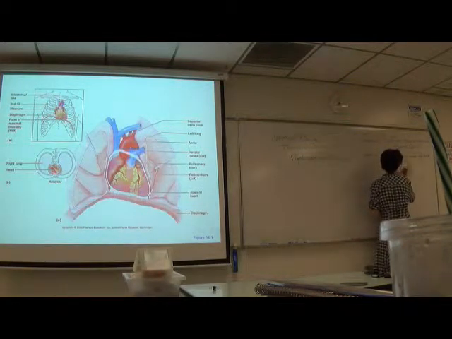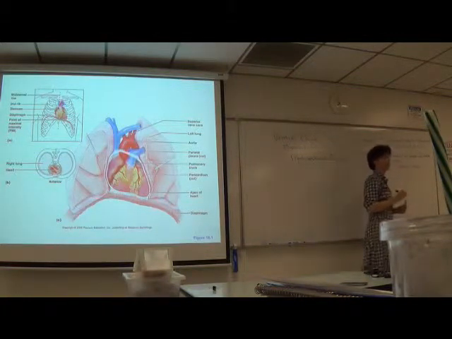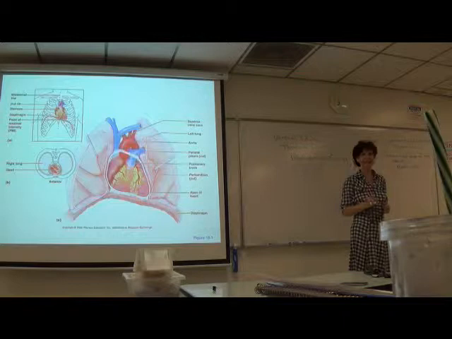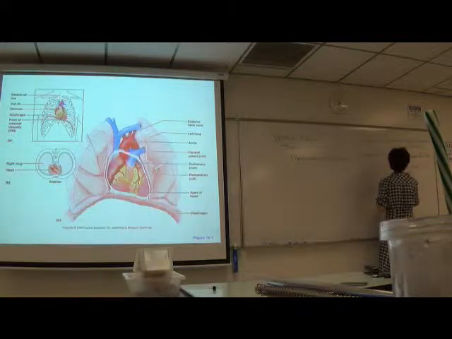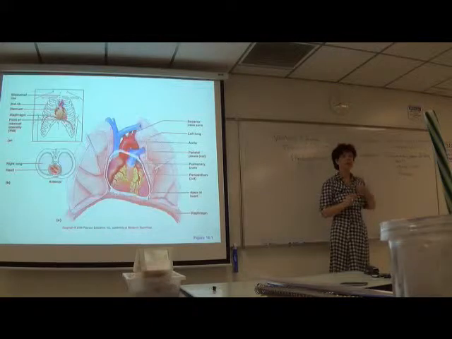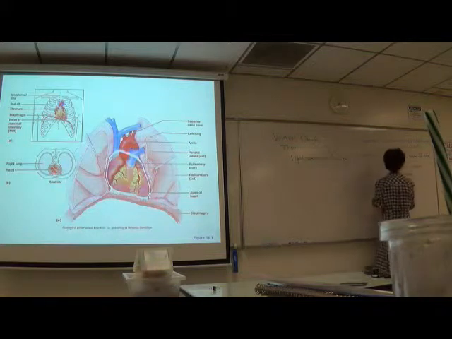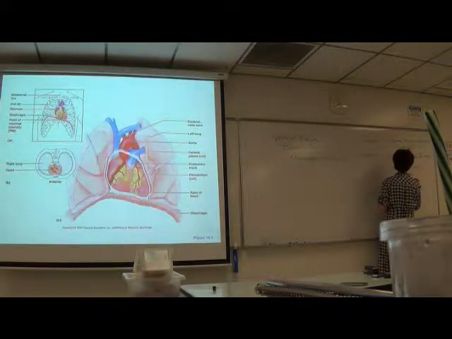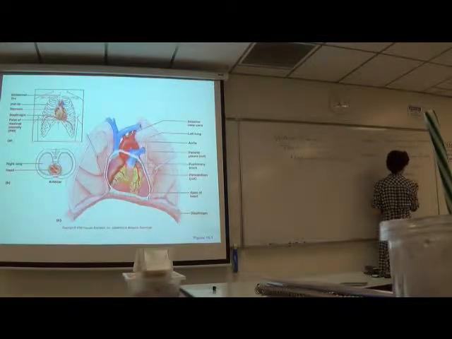What else do you think is above there, based on your knowledge of thoracic anatomy? Trachea. Okay. And behind the trachea, going through the diaphragm to the stomach, esophagus. And also the thymus, if it's large enough.